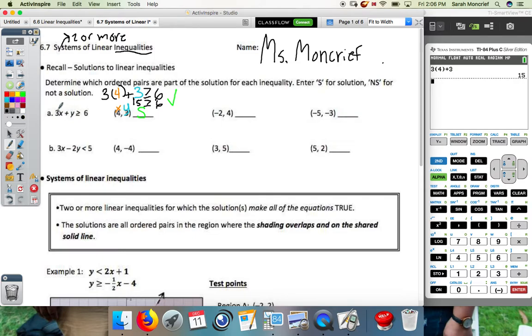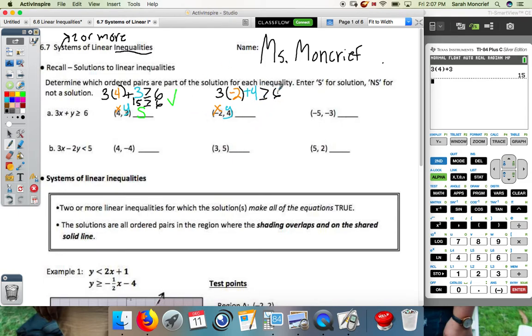Alright, let's keep going. I have 3x plus y is greater than or equal to 6, and now I want to check negative 2, 4. Let's do the same thing. Negative 2 is x, and 4 is what, everyone? Y. So we have 3 times negative 2 plus 4 is greater than or equal to 6.